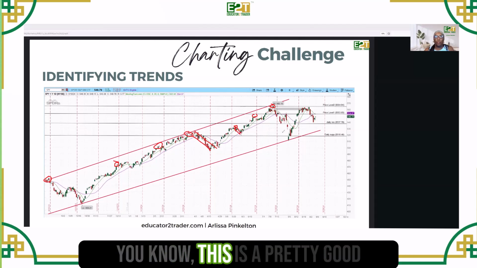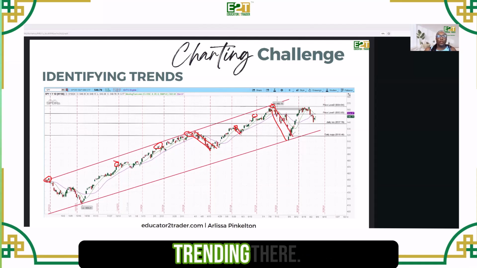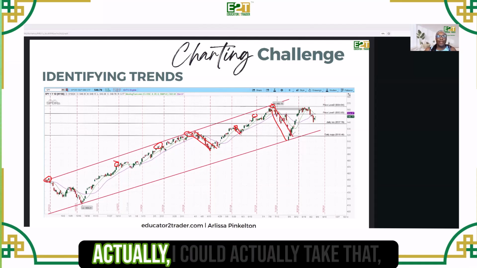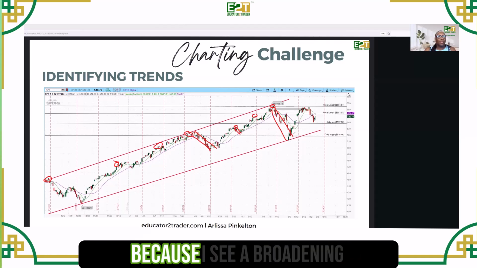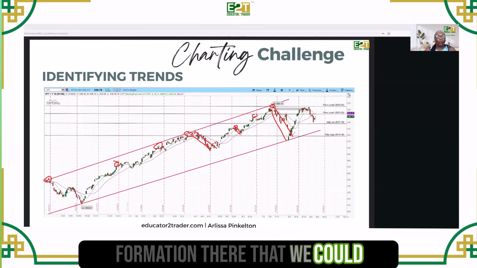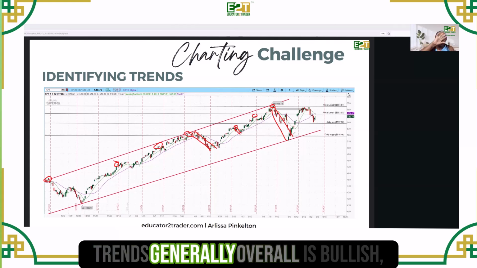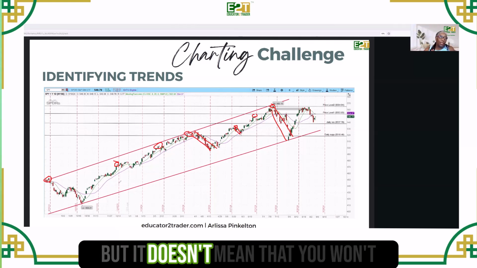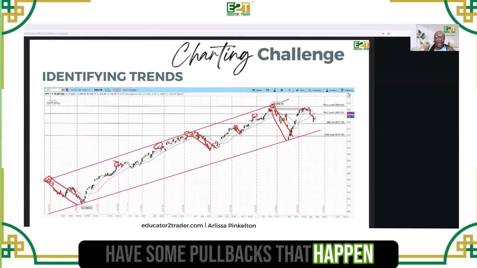Here's one, this is a pretty good pullback there. Short-term trending there. Actually, I could take that. We'll maybe go back to that same chart because I see a broadening formation there that we could potentially draw, but we'll swing back to the SPY chart later. Trends generally overall is bullish, but it doesn't mean that you won't have some pullbacks that happen along the way.